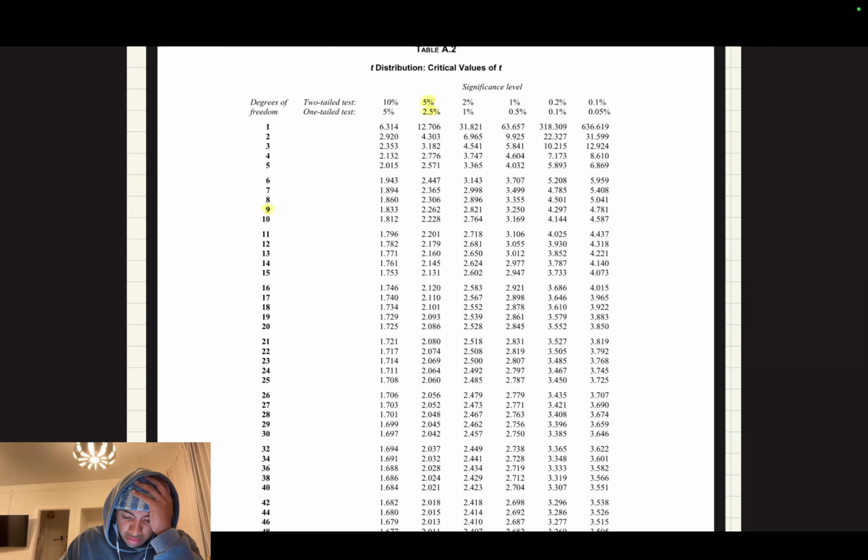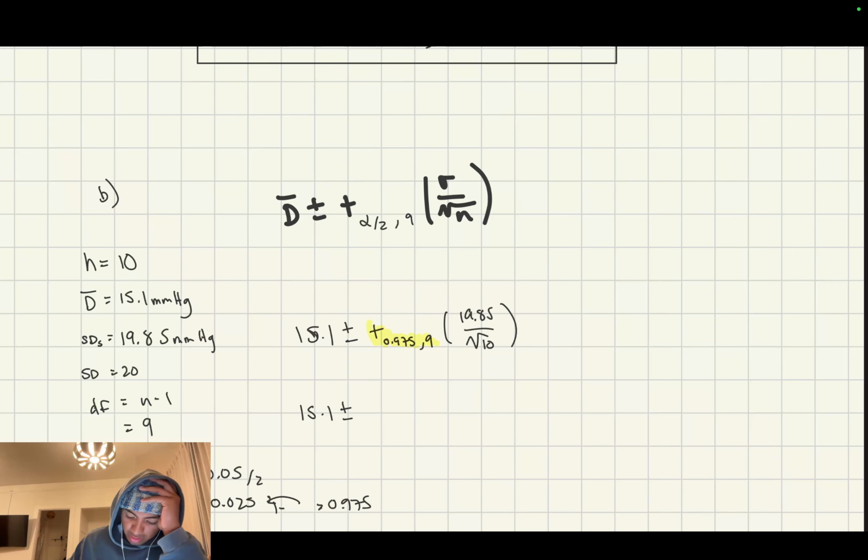Where do we meet? We're at 2.262. So let's take our 2.262, at 95% confidence at 9 degrees of freedom, and we're doing 19.85 over 10.